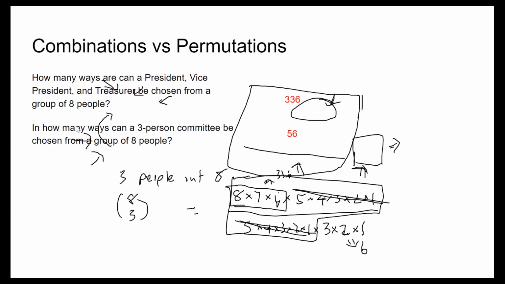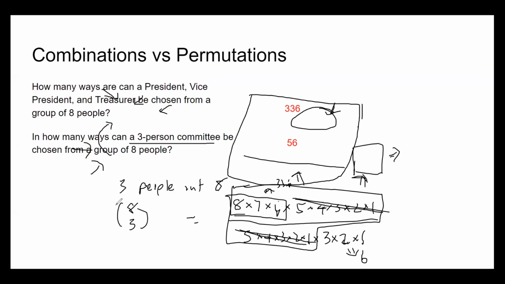And for the bottom one, which represents the combinations and the formula we were talking about, 8 choose 3 is just any three random people in a committee from this group of 8, right? And 336 is the 8 times 7 times 6 term, and the 56 is what you get when you divide 336 by 6.